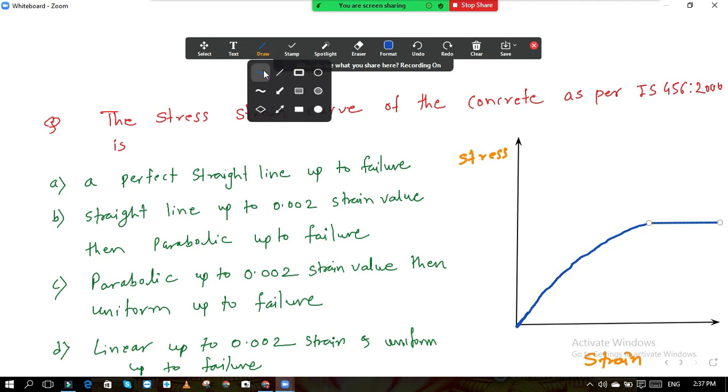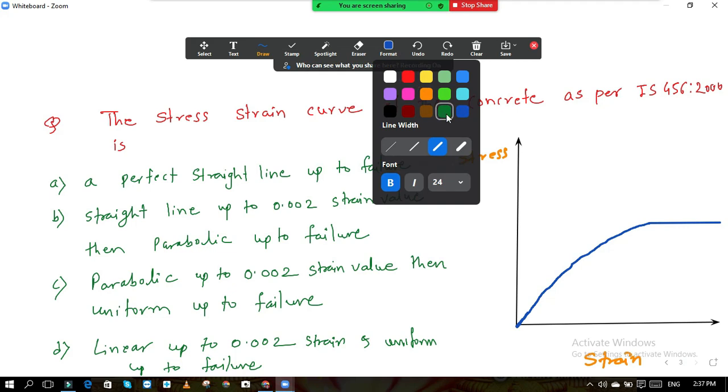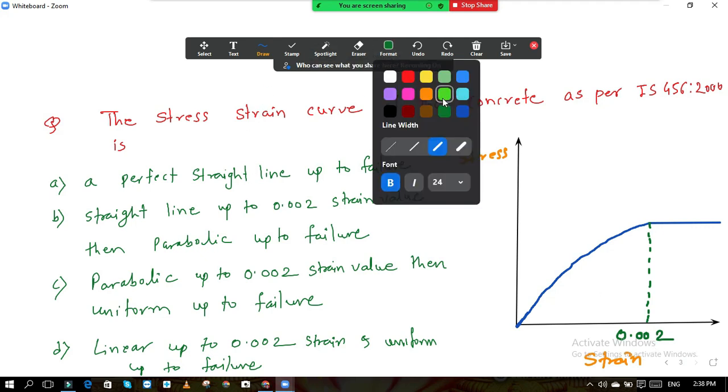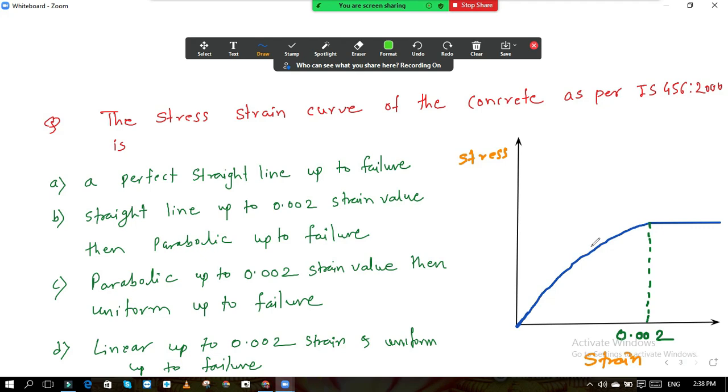Whatever may be the value of this, if you project this point here on the x-axis, the value is 0.002. This is the strain. Up to the value of 0.002, what is the shape?